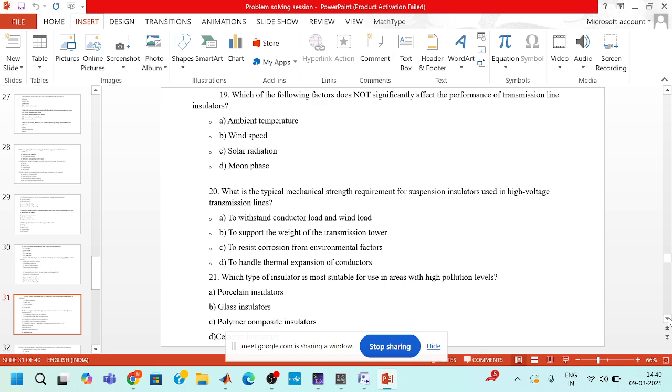Glass insulators or ceramic. C, ma'am. Polymer composite insulators are most suitable for use in highly polluted areas. Okay, option C is correct.